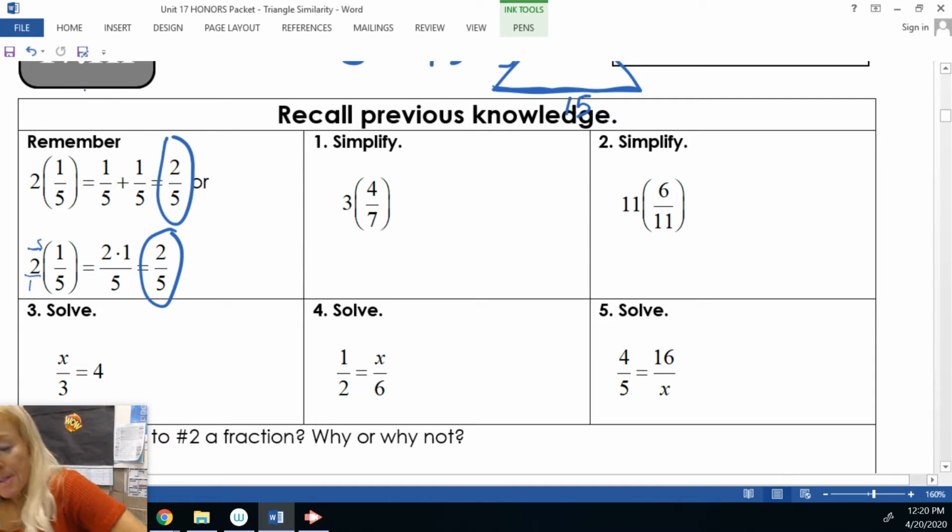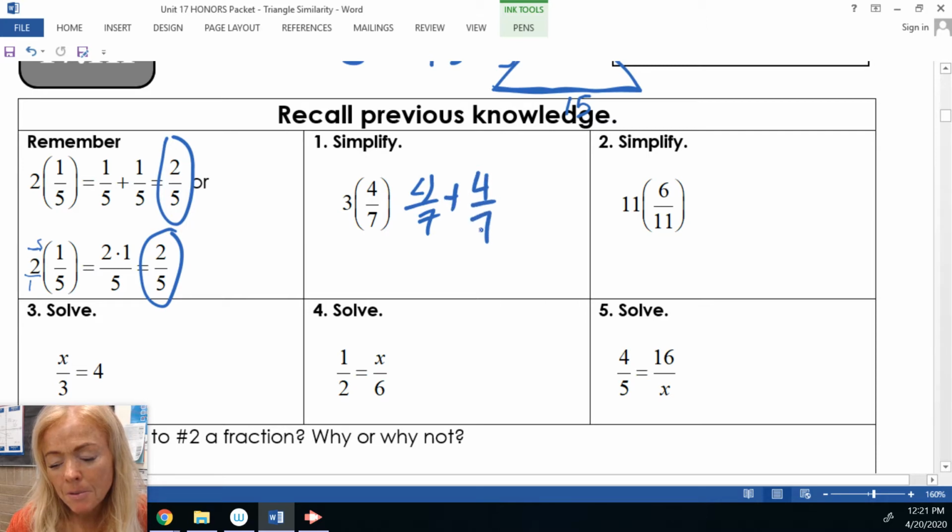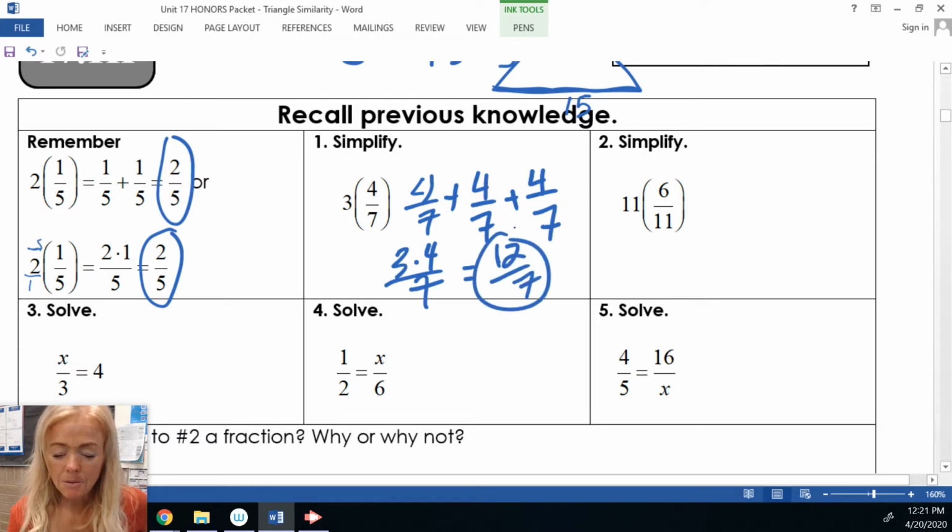Now with fractions, when you're multiplying, you would do the same thing here. I would have 4/7 plus 4/7 plus 4/7, or I would have 3 times 4/7. In both cases, 4 plus 4 plus 4 is 12, and 3 times 4 is 12. I have 12/7. I don't know which way you like the best, but I'm not going to write the next one out.